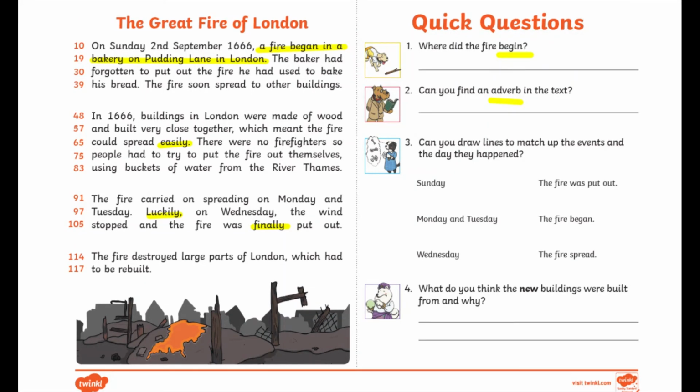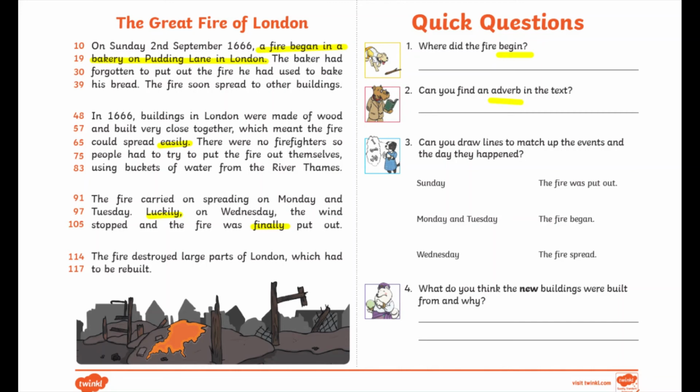So now it is time to have a look at question 3. Can you draw lines to match up the events and the day they happened? So we can look at the days. We've got Sunday, then we've got Monday and Tuesday, and then we've got Wednesday. So these days are in order, which is helpful. And now we can have a look at these events and we can put these in order.